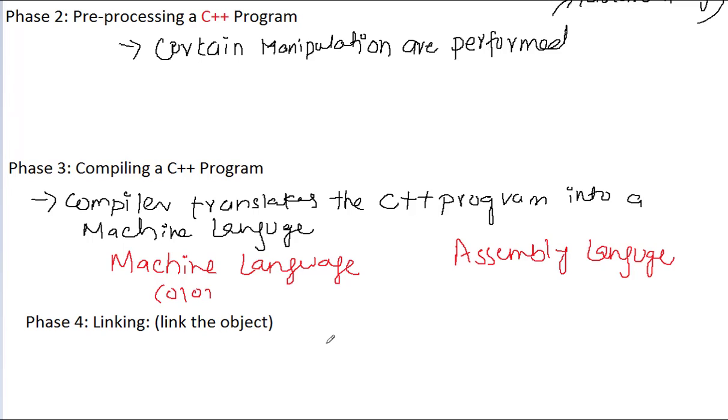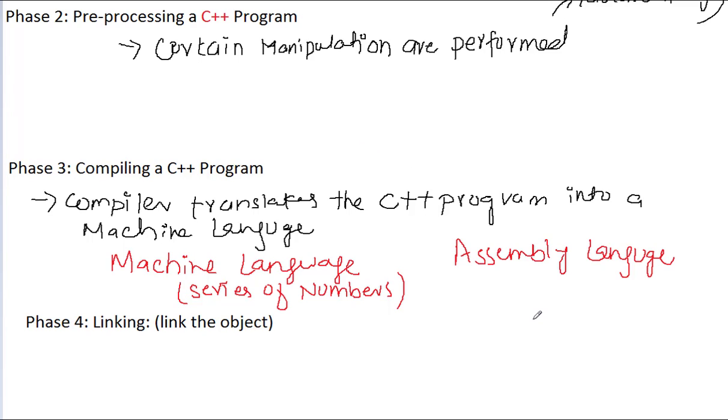This is a series of numbers. And what is assembly? The assembler converts assembly language to machine language, right?